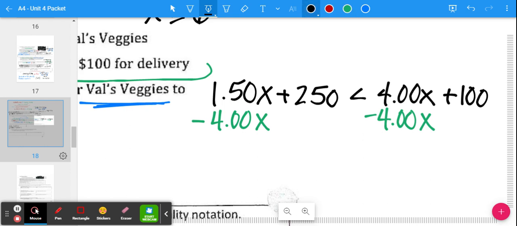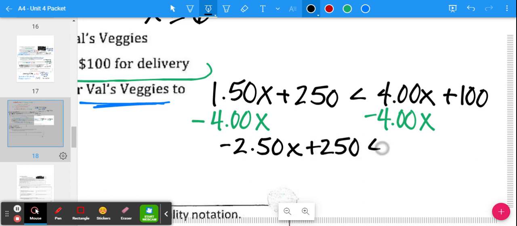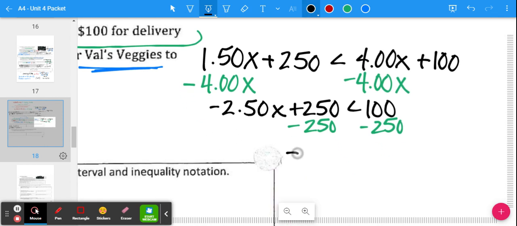So then we have negative 2.50x plus 250 is less than 100. Next, we have to move our numbers, so I'm going to subtract the 250 from both sides, and I have negative 2.50x is less than negative 150.